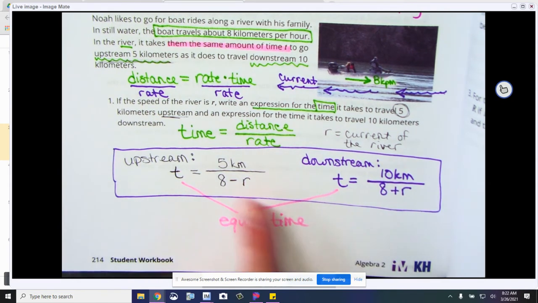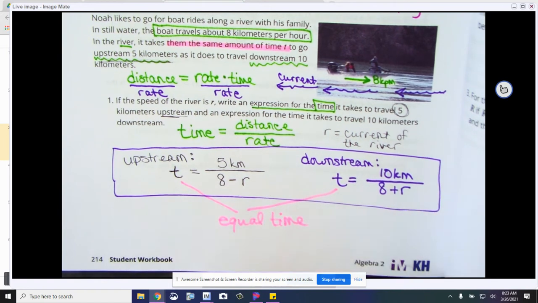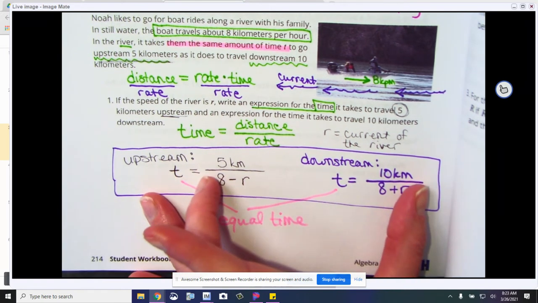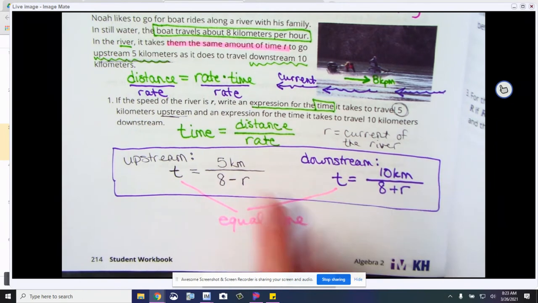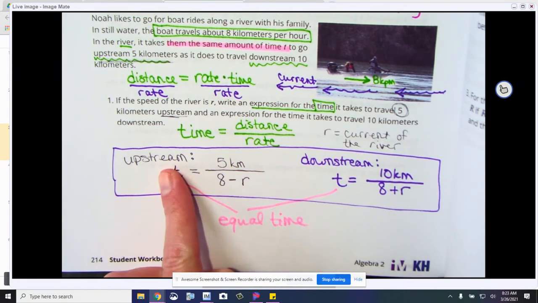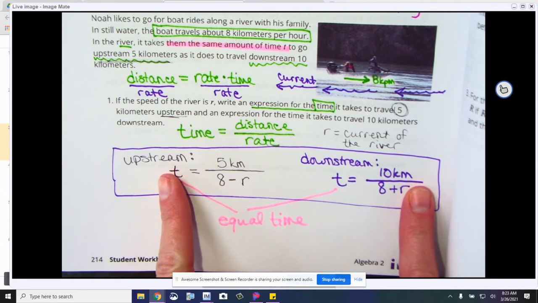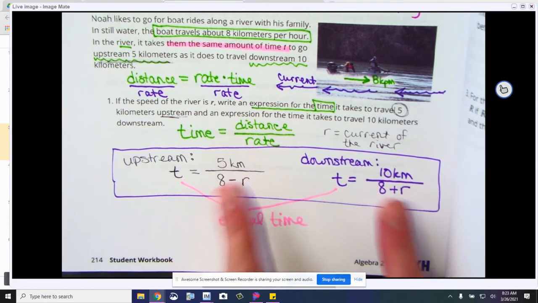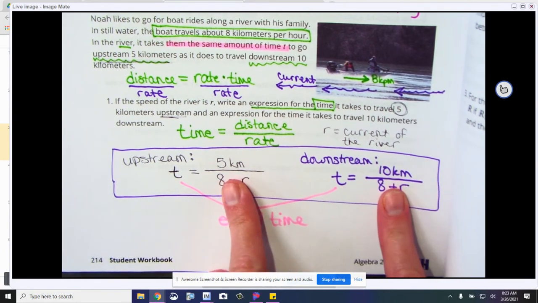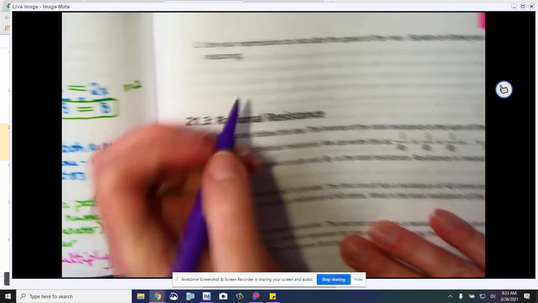If it takes both directions equal time, we can set these 2 equations equal to each other, right? If this one equals t and t also equals this one, then we can set these 2 equations equal to each other and see how we're going to solve that. Let's write that up here with our 2 expressions equal to each other.